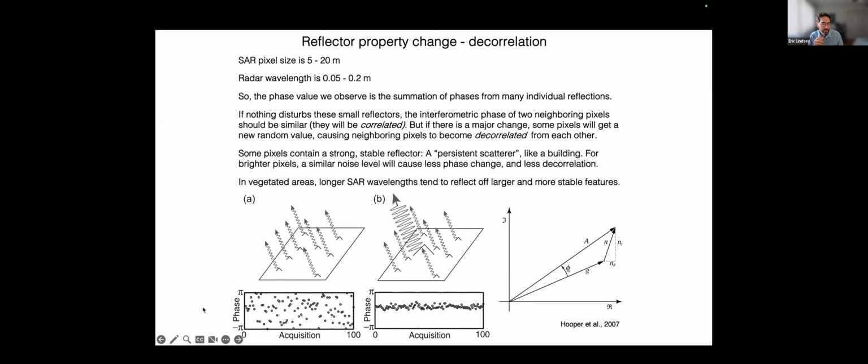So you might have a case where your pixel just has a lot of random reflectors in it, or if there's a building or something else that brightly reflects toward the satellite, you might have one reflector that dominates, and then your phase might be more stable. So in some areas, you just get this sort of randomization process of the ground surface changing over time, and we call that decorrelation.